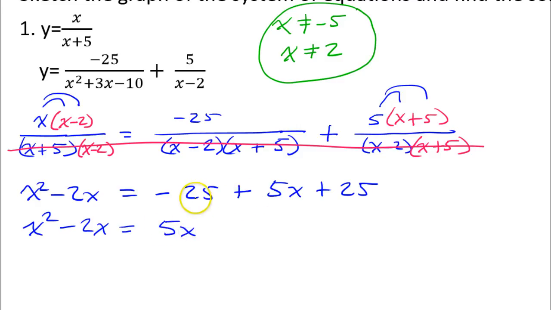Now negative 25 and positive 25, they just cancel each other out. So I'm just bringing down the 5x. I am going to subtract 5x from both sides. So now I have x squared minus 7x is equal to 0.